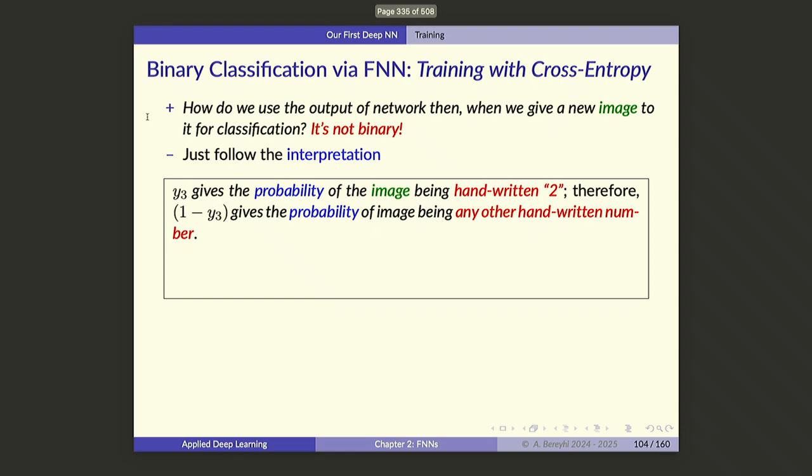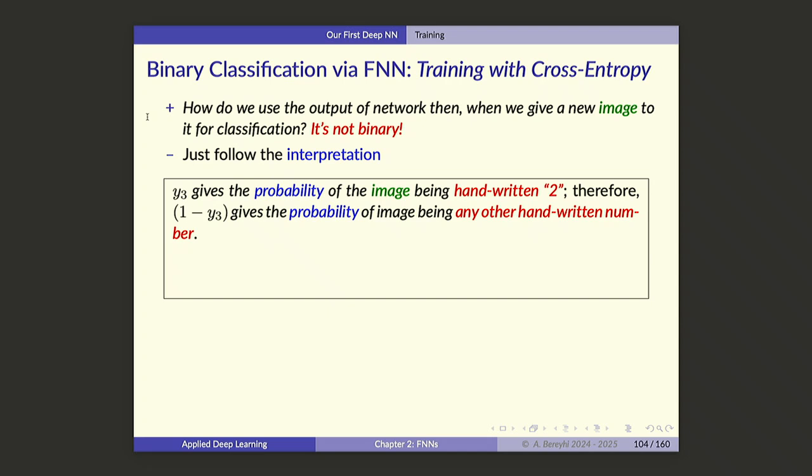So this is basically the idea. Once you pass a new image, you're going to have Y3. This describes the chance of that image being a handwritten 2, right? And out of this, you can conclude whether this is a handwritten 2 or not.